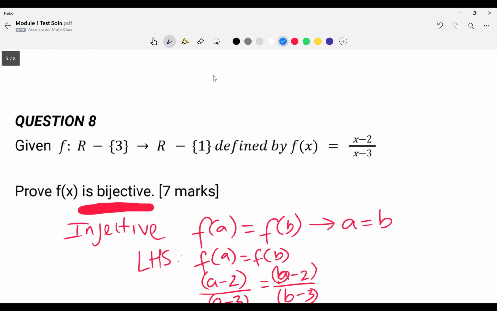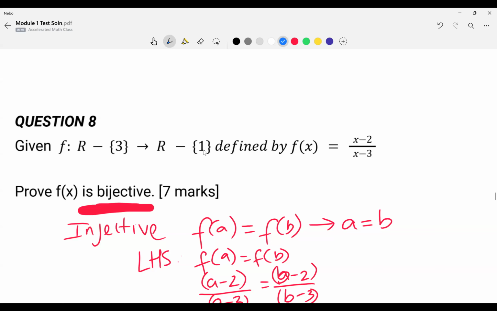However, we have to look at the domain and codomain and the range, right? So in this case, it told us that this function, the domain, the values that you can enter for x, is all real numbers except the value of 3. Similarly, it says that the output will be all real numbers except 1.